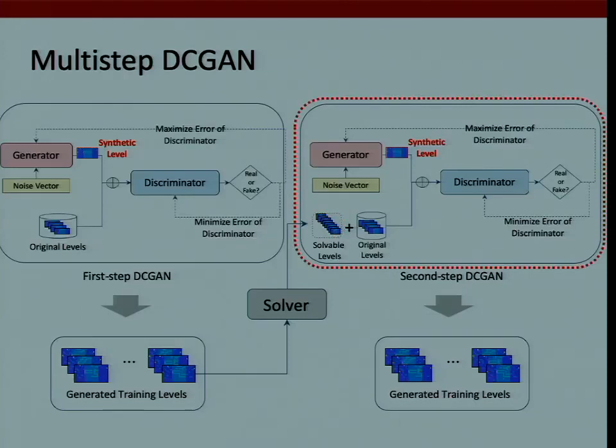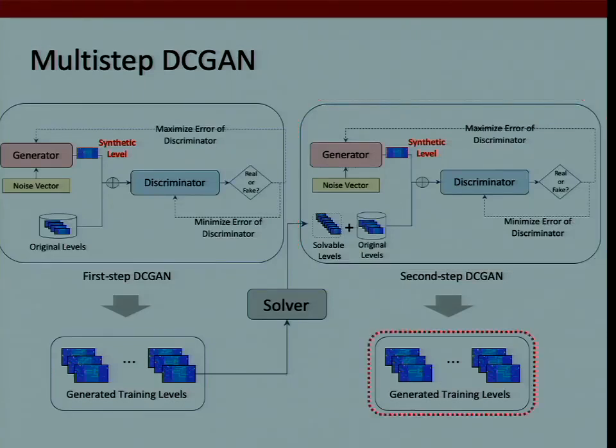Then with this augmented data set, we train another generator and get another set of levels. The reason we are doing this is that the convolutional layers used for this GAN have lots of parameters to train, but it requires a large amount of data for this kind of model to be effective.